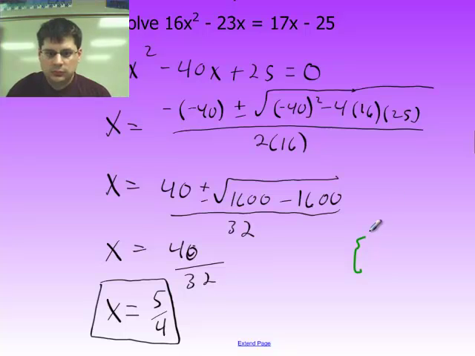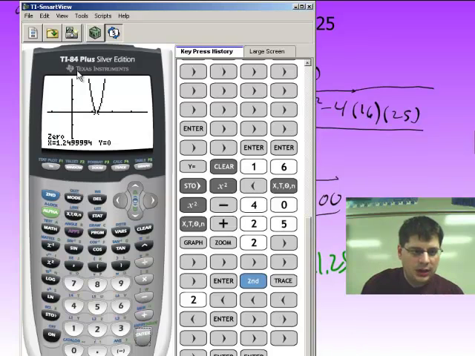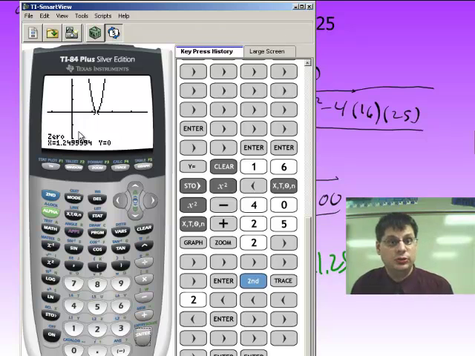So 5/4 is equal to 1.25, which means that indeed we only have one 0 here, and it is the vertex. So there's only one possible solution for x that will work for our quadratic. So that's a second possibility. We can have two solutions. We could have one solution.